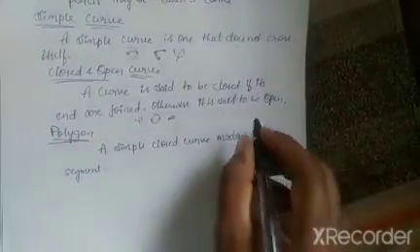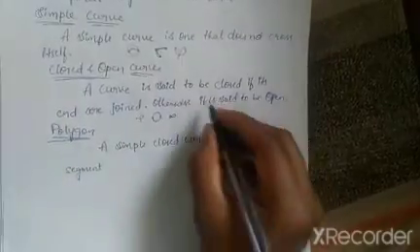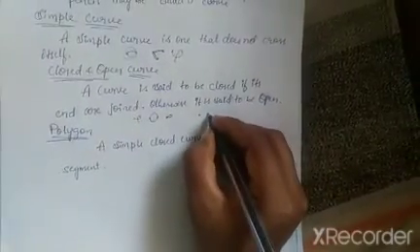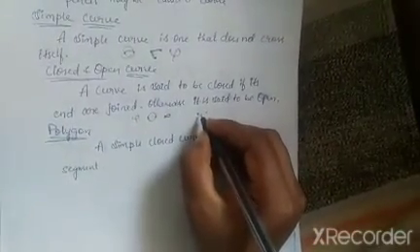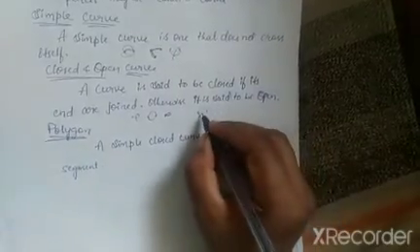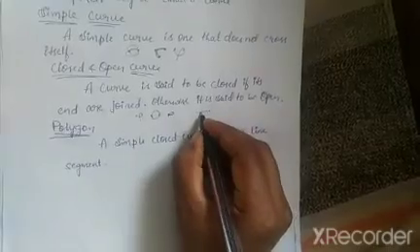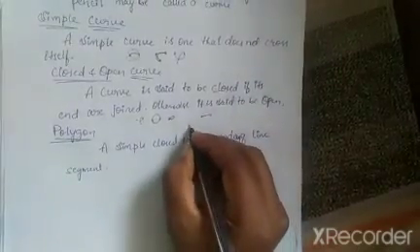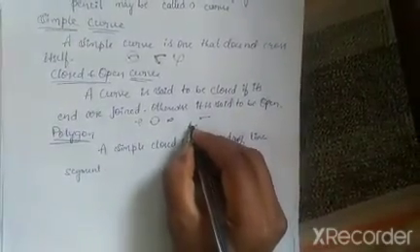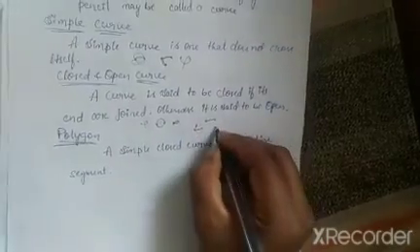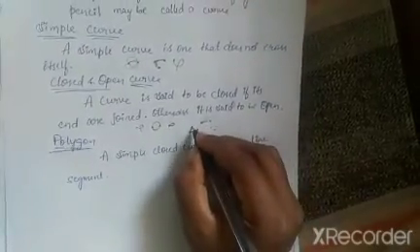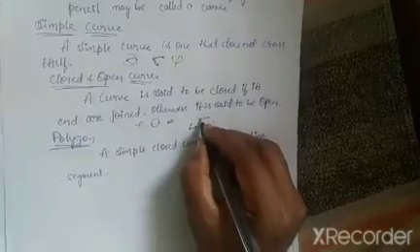An open curve is any curve other than a closed curve, where the 2 end points are not joined. So this is an example of a closed curve, but this is not. This is an example of an open curve. This is a closed curve, and this is also a closed curve.